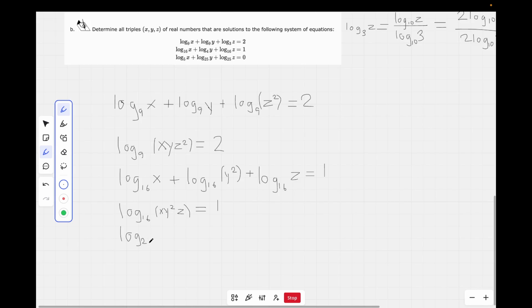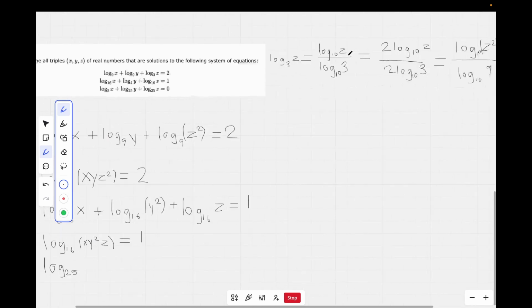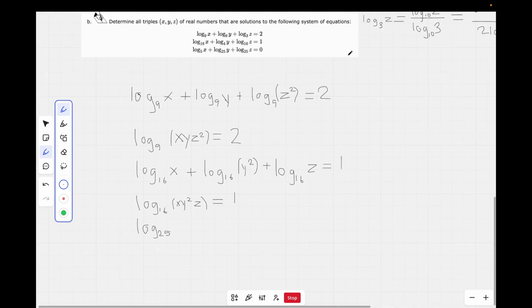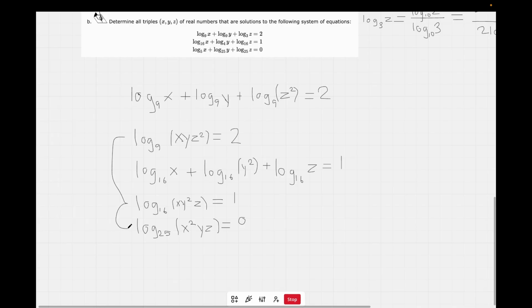But basically just do the change of base thing as I showed here, to put all of them under the same base, and then you should be ending up with this: x squared y z equals 0. So basically we have these three equations.